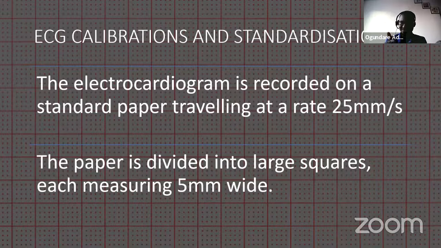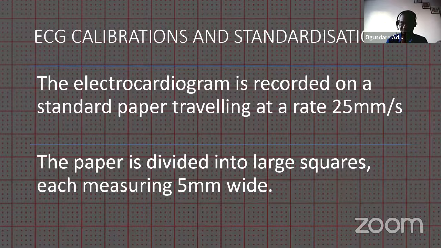I deliberately emphasized that they are squares. So it's not like one is going to be 1.5 and another 0.5. They are square, so they are equidistant, with equal distance and equal sizes.